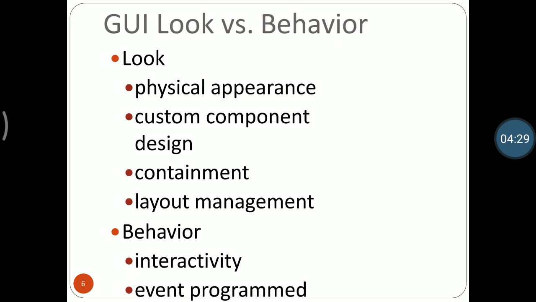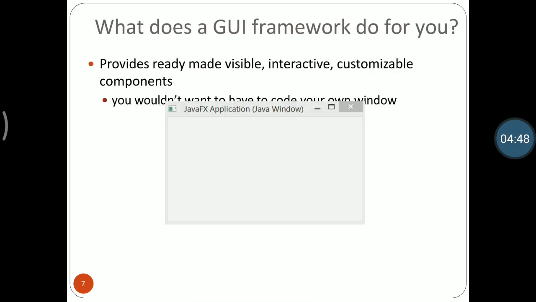But when you click that button, how it will interact and what the program will perform after clicking it will be considered the behavior of that button. So a GUI needs both look and behavior. GUI frameworks provide ready-made visible, interactive and customizable components. We don't need to waste time coding those components.